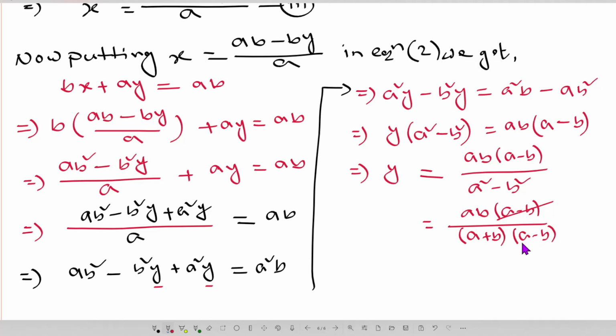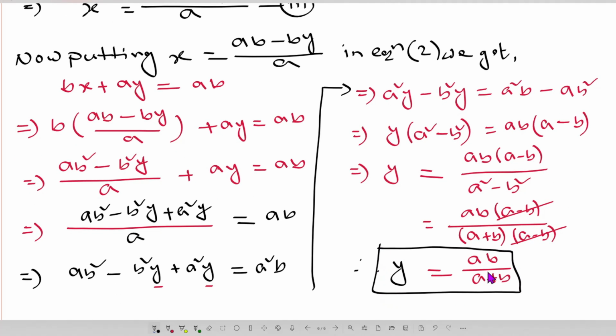So a minus b and a minus b cancel out, the answer will be ab divided by a plus b. This is equal to y, right? So we get the value of y, which is ab divided by a plus b.